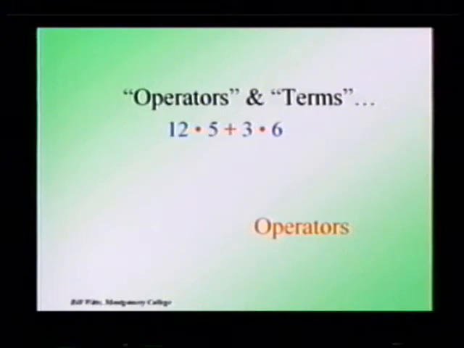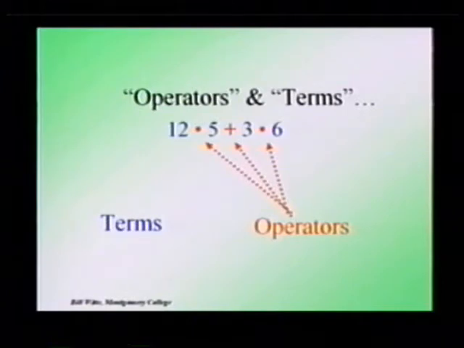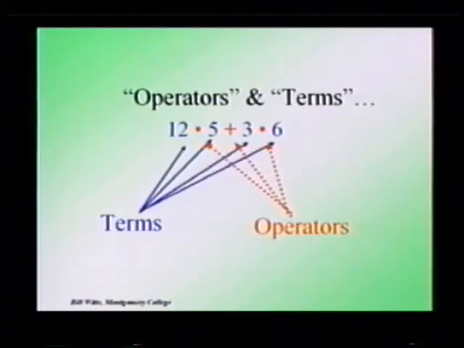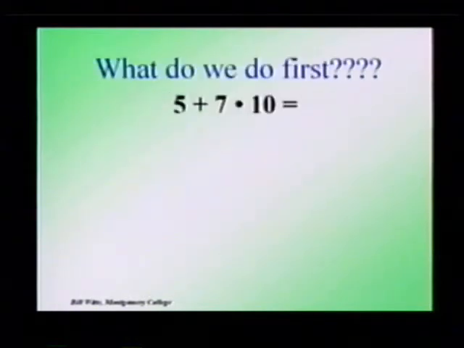Operators are, as I said, one of those 5 things: multiplication, addition or subtraction, division, exponentiation, things that operate. There's your operators. What are the other things in here? Okay, we're going to call those terms. Those are the things, if you would, that are getting acted upon by the operators. Okay, we're going to need to know those words, operators and terms.